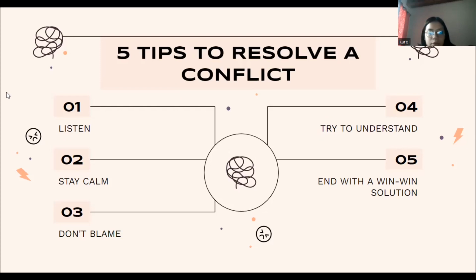Then, don't blame, because we don't want to be the mad ones, but also the other person doesn't want to be the bad one. So sometimes maybe he did it, but you can't say that because that will make him or her explode and the conflict will just start again. Then in fourth, you need to understand.